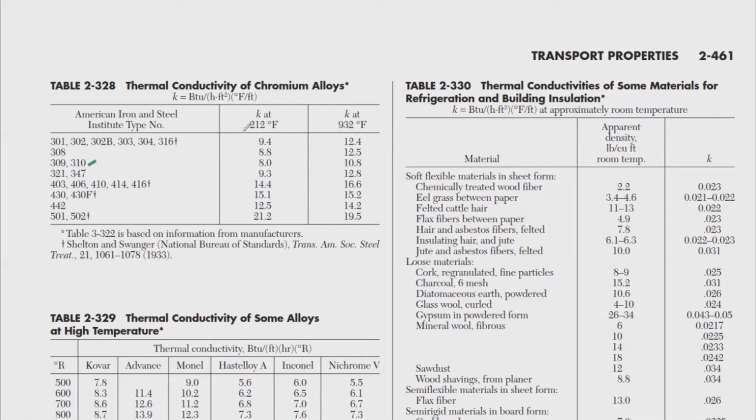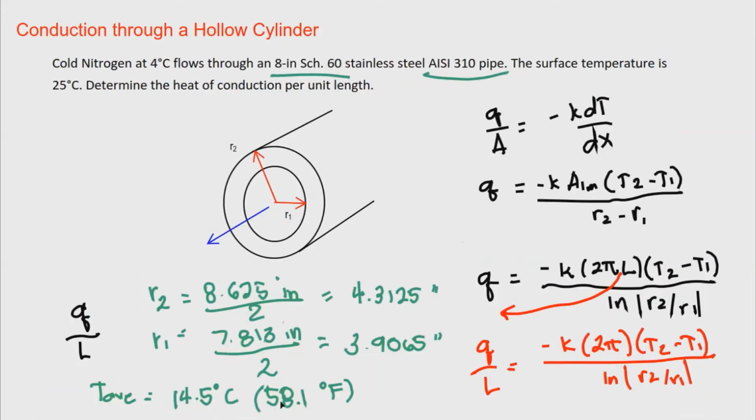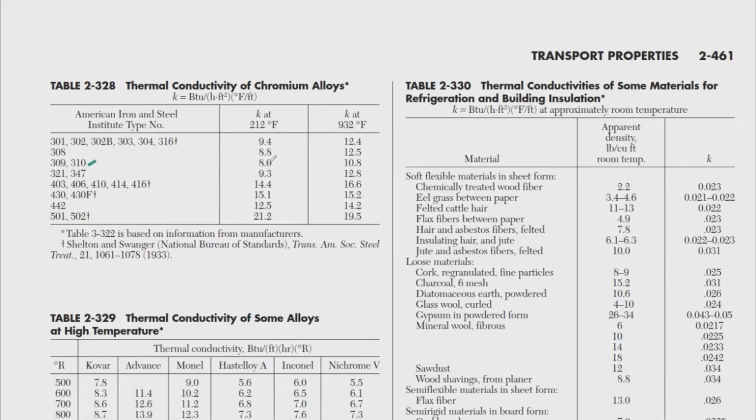As you can see here, our K is given at 212 degrees Fahrenheit, and here at 932. Those are very high values compared to our average, which is just 58.1. So our average doesn't even reach 212.